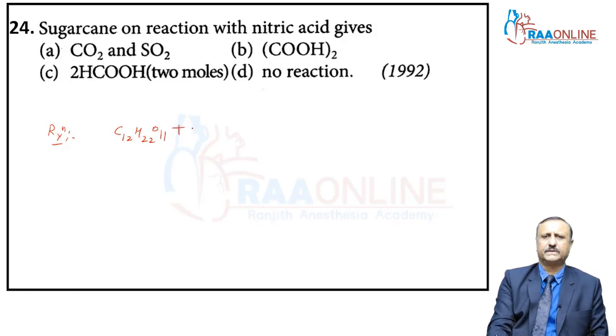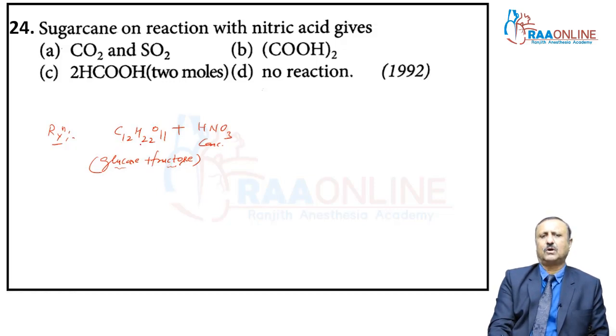And when this compound reacts with concentrated HNO3, all carbon atoms which are present in ring structures, glucose and fructose, are present in sugarcane. So, my dear students, the glucose structure is called glucopyranose and the fructose structure is called fructofuranose. Both are cyclic structures.